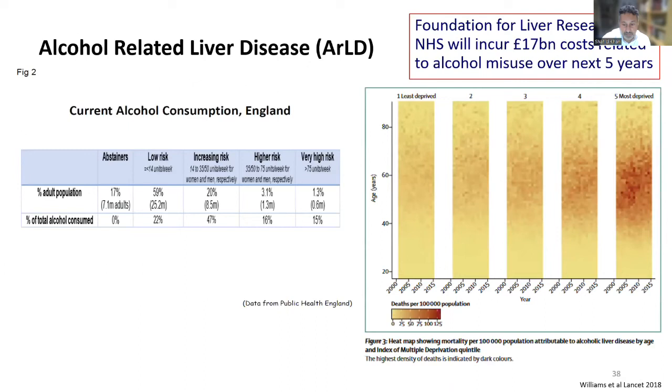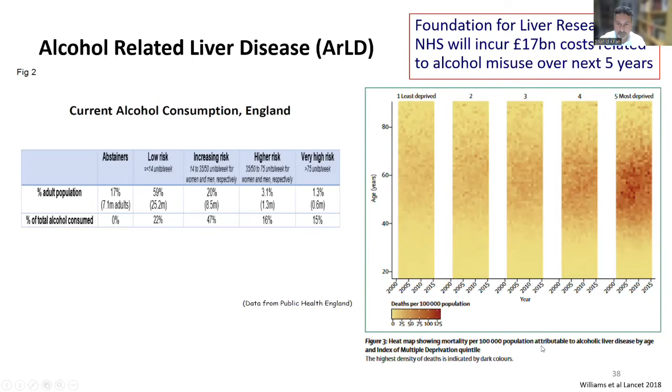And this heat map shows the mortality per 100,000 attributable to alcohol from 2000 to 2015. And as the color gets darker, the number of deaths per 100,000 is higher. And you can see that from 2000 to 2015, there's been a general worsening of mortality.